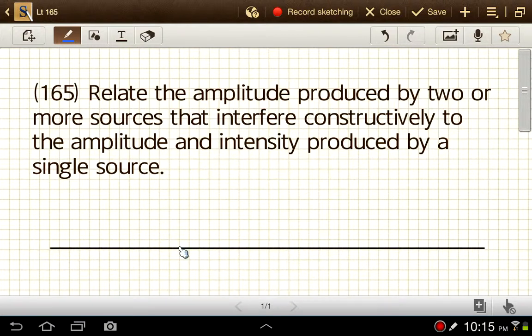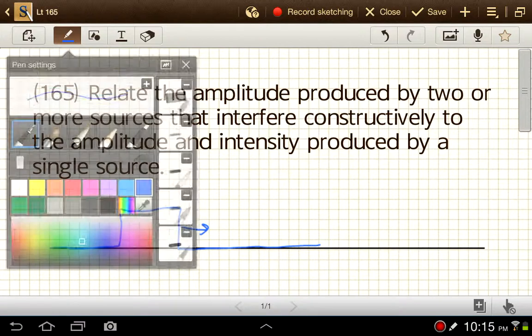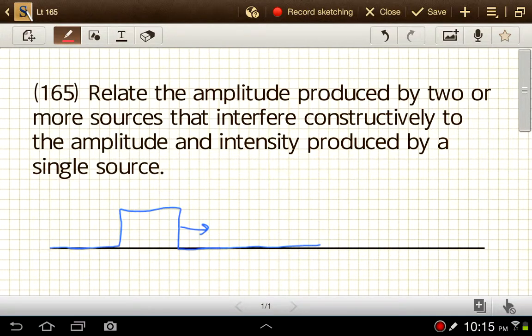So for example, if we had, say, a square-shaped wave like this, in blue, that's moving in this direction, and we have another wave that's the same square-shaped wave, and I want to make those the same size just so you can see this point.